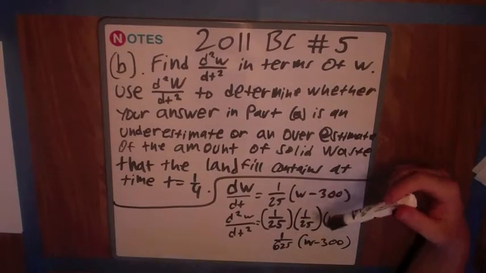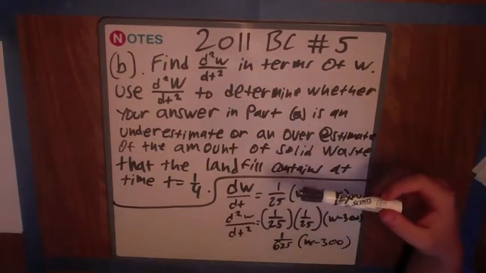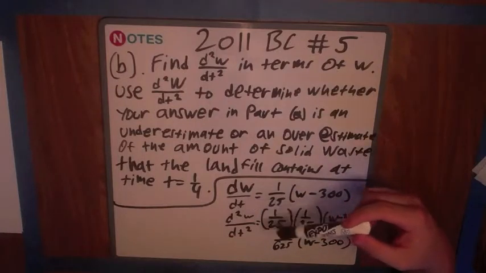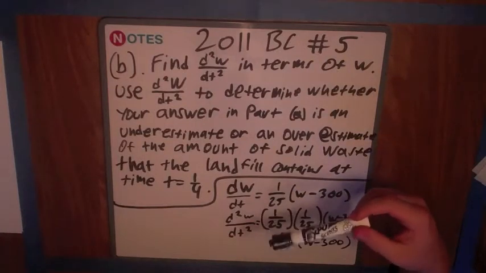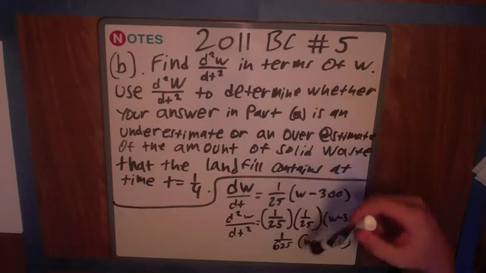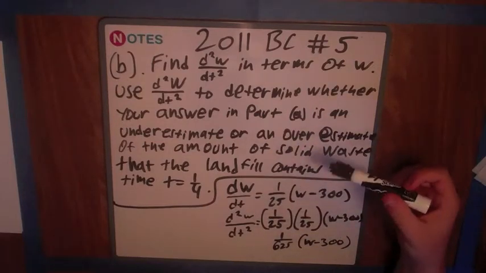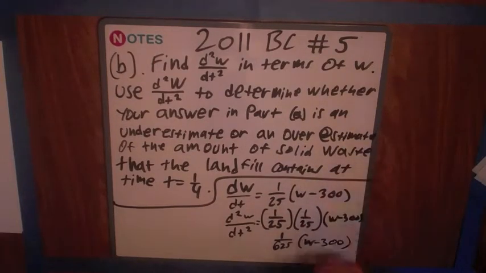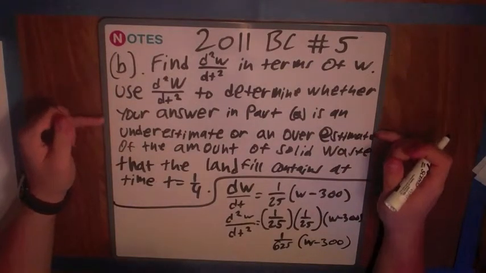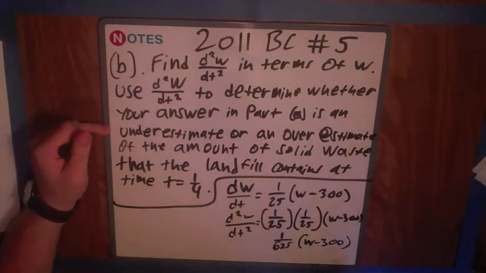So for this, we're going to use the W value. W is always going to be greater than or equal to 1,400. 1,400 is our initial condition. So we want to determine if this is an underestimate or overestimate.